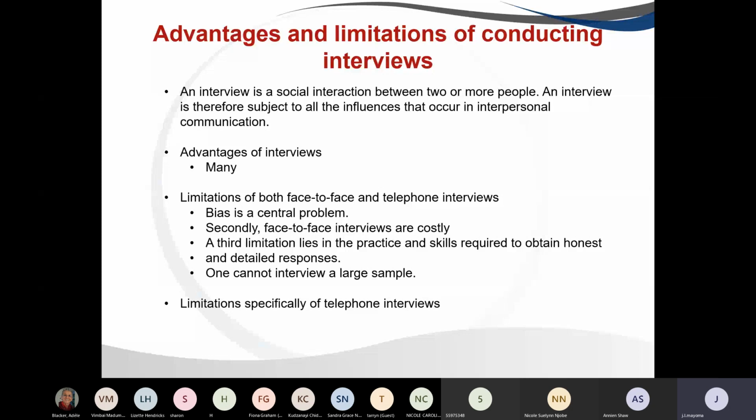We have preconceived ideas about certain people from certain groups or who speak certain languages. We don't realize it, but as you're interviewing, those biases can infiltrate into the interviews and really change not only the way that you interact with the participant, but also the way that you end up analyzing their answers.